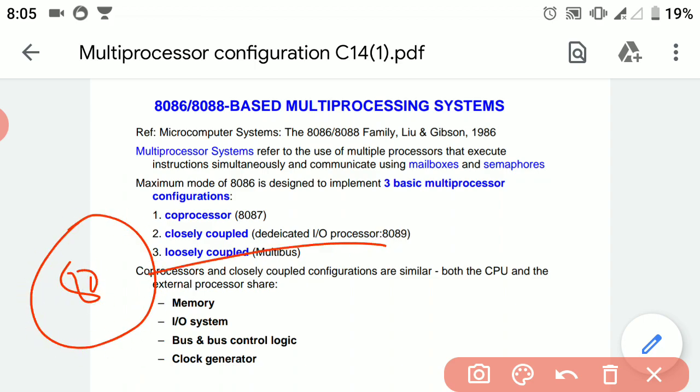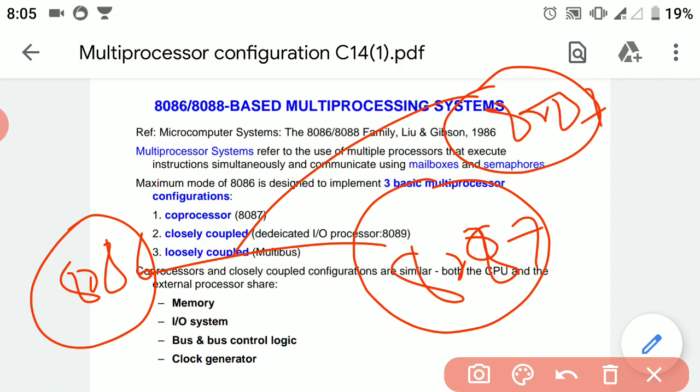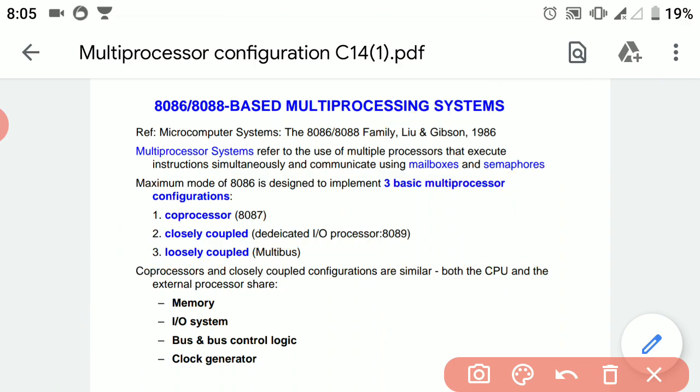This is our main processor, and if we are using another processor, it can be the 8087 processor or any other processor to enhance the speed of the main processor. Then we will communicate with these coprocessors simultaneously by using mailboxes and semaphores.